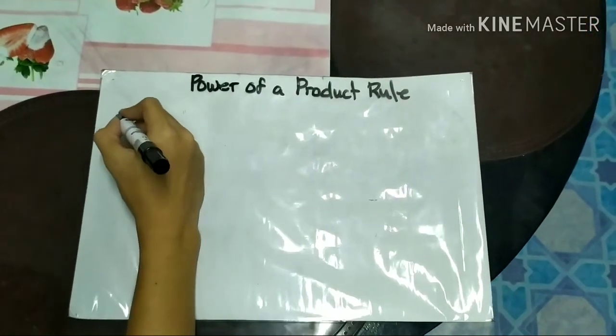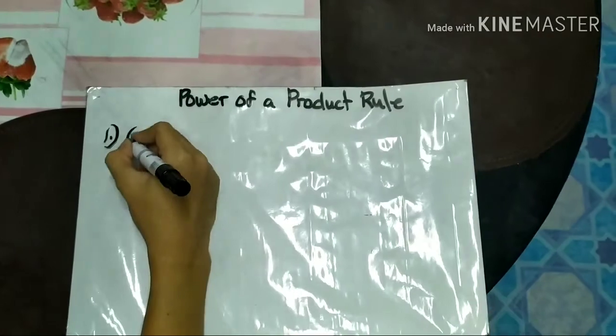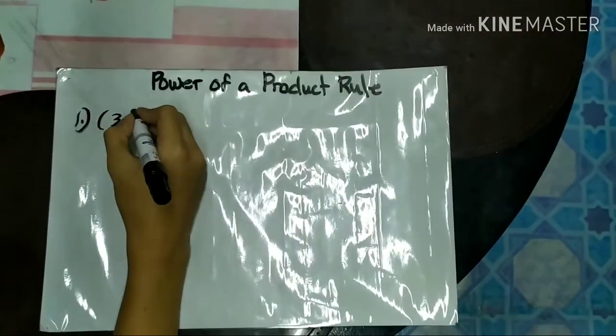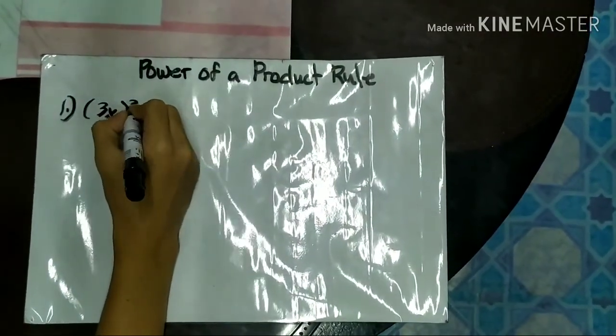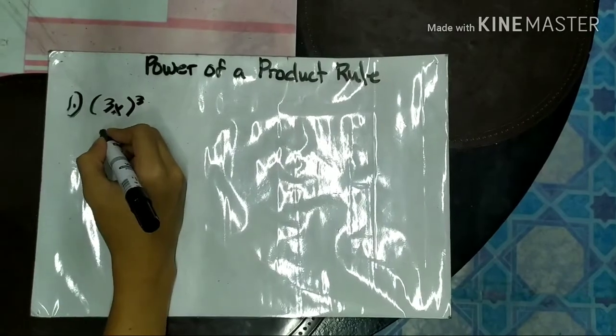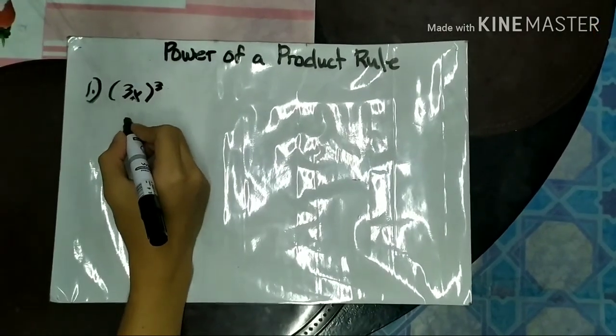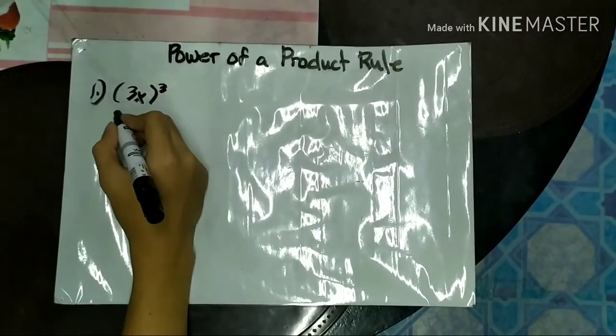Example number 1. Quantity 3x raised to the power of 3. In the law of exponent, you need to cube first the terms inside the parentheses.